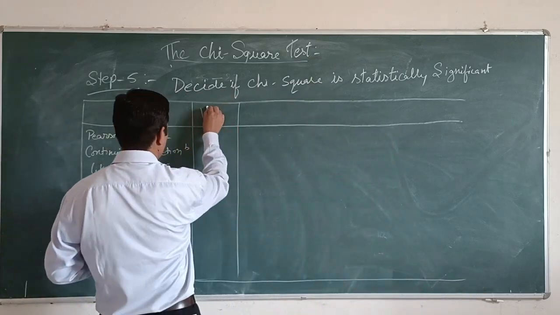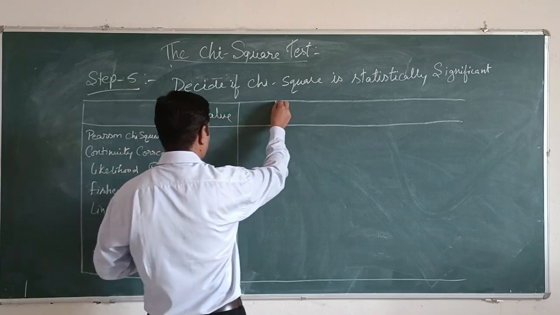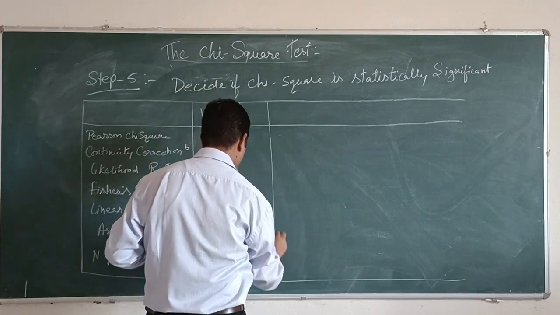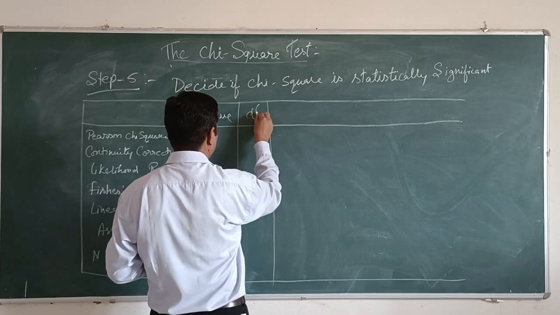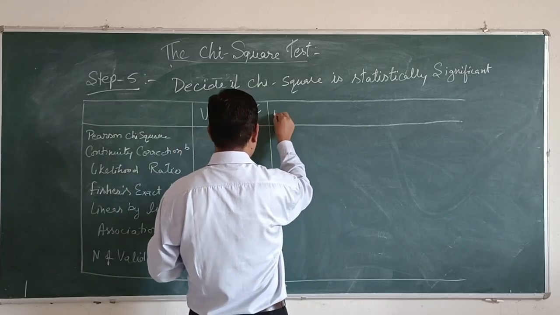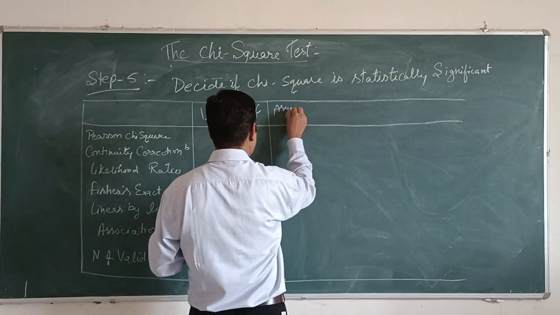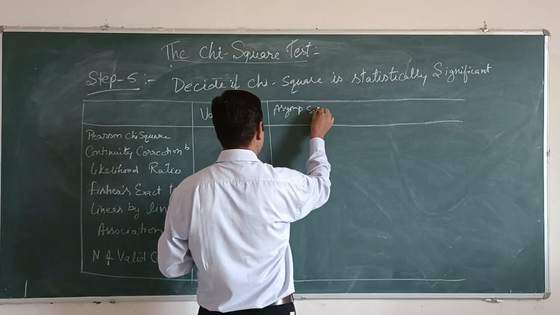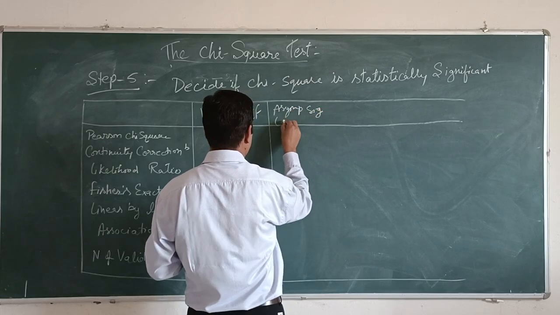That is called value. That part is for DF value. That one is called significance, two-sided.